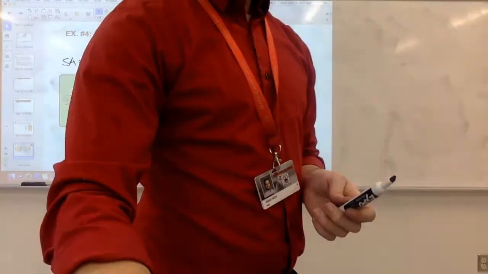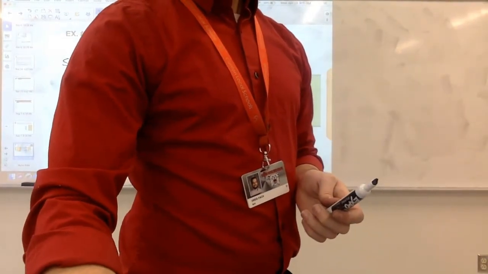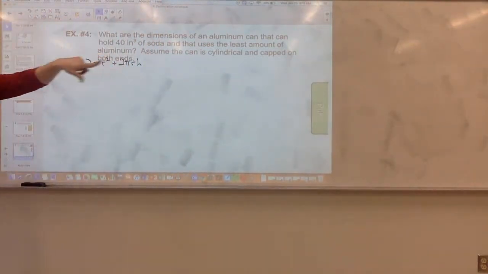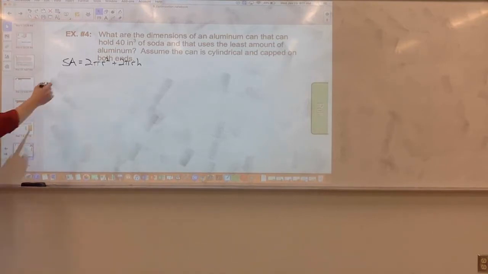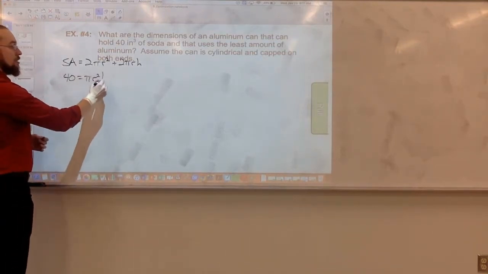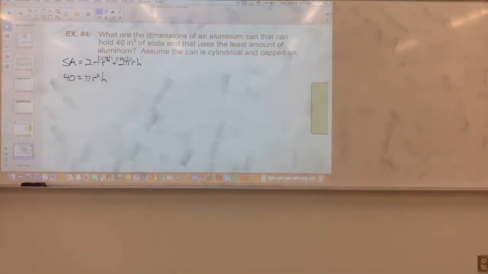Okay, so now the other piece of information I have is that the volume is 40. What's the volume of a cylinder? Pi r squared times height. So this surface area is the one that I want to minimize.